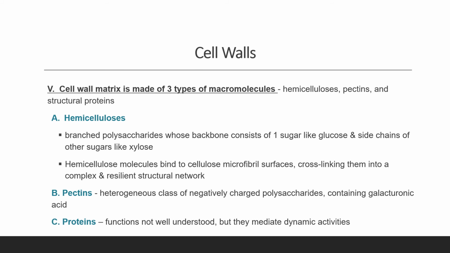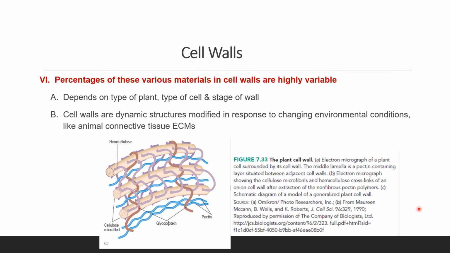If animal cells have this huge amount of proteins, for plant cell walls their abundance is very minimal in number. So the percentages of these various materials in the cell walls are highly variable. It actually depends on the type of plant, type of cell, and stage of the wall.